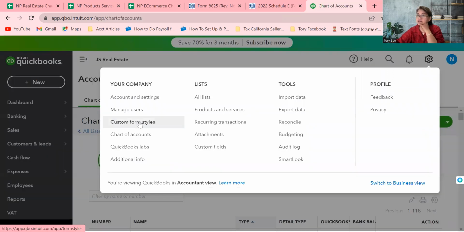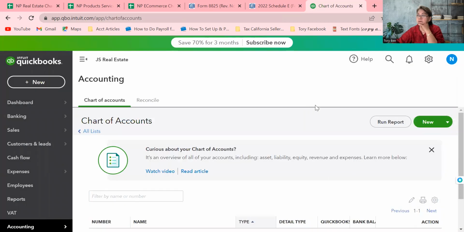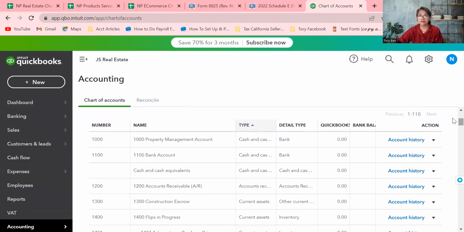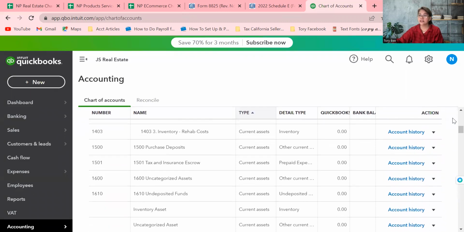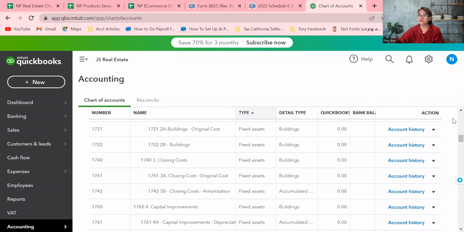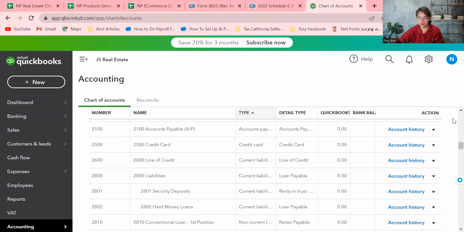Actually, I have already added the chart of accounts here. We will create a new one. I will show you how to create a new one.